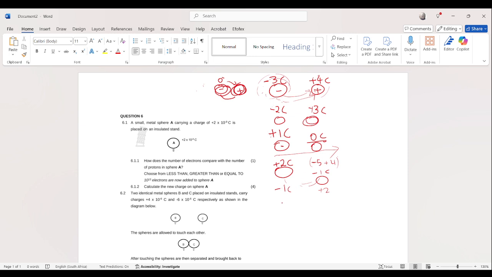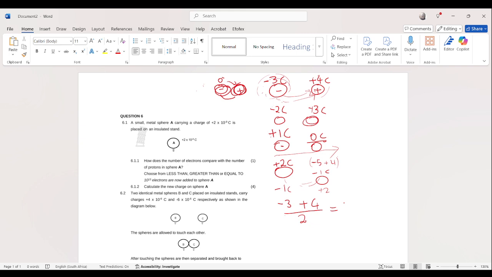Okay, so let us add the two charges and divide by 2. Minus 3 plus 4 divided by 2. How much are we going to get?